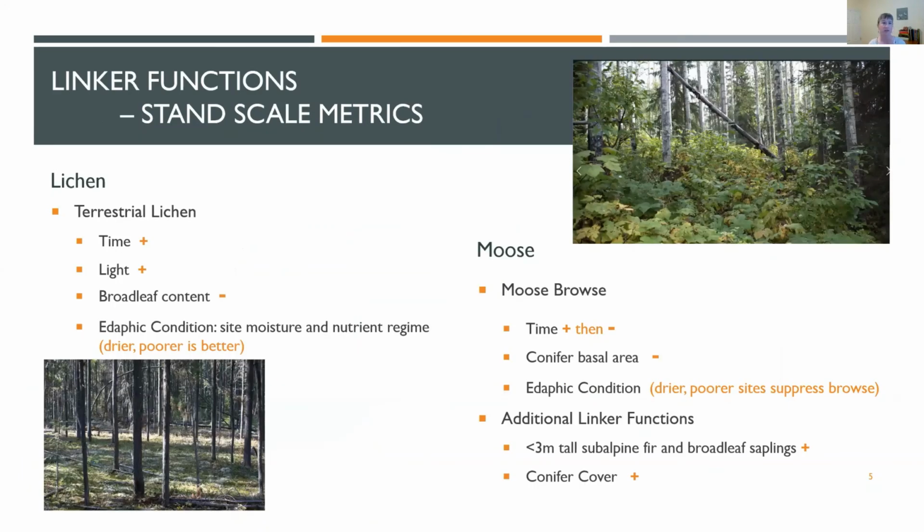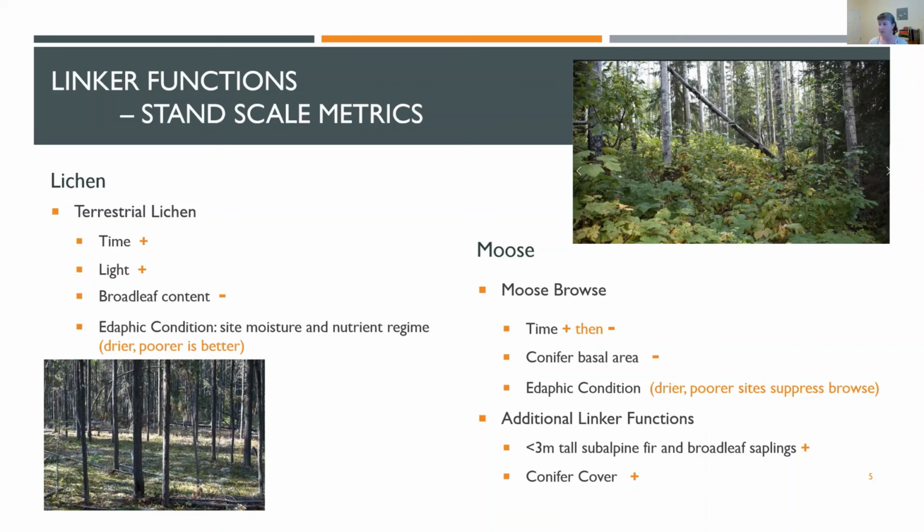I don't have time to go into the linker functions in detail, but these are the components of the linker functions. So for lichen, time since disturbance and light were both positively associated with lichen cover. Broadleaf content was negatively associated with lichen suitability, because broadleaf litter smothers the slow growing lichen. And edaphic condition is also important, where drier and poorer sites are better for lichen.